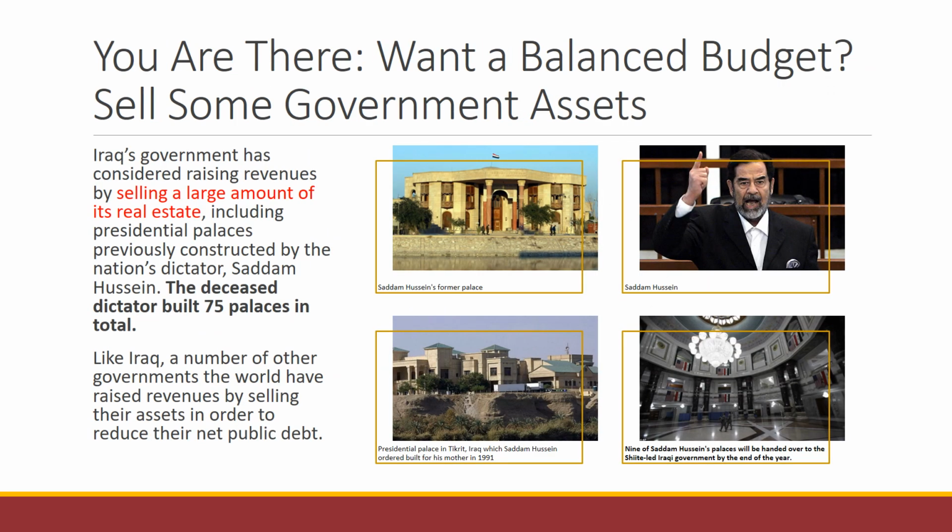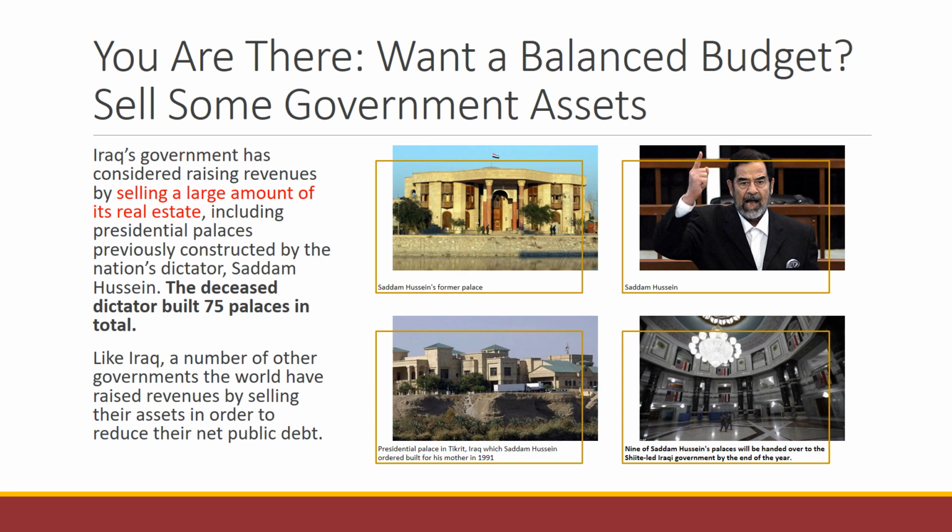Here is another example of how government collects funds to make a balanced budget, or to cover up for the deficits. So if you want a balanced budget, sell some of your government assets.